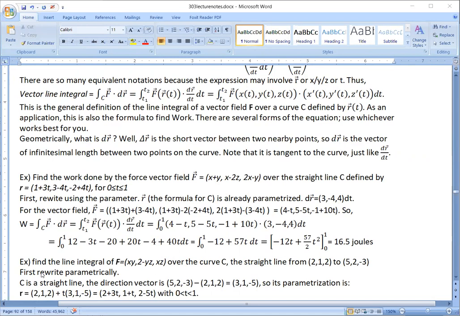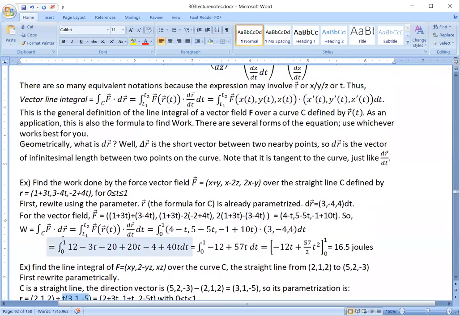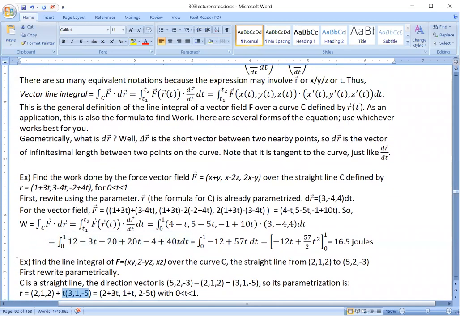Now, what are the bounds for t? Well, notice that t equals 0 gets rid of that, and then we're just at our first point. And then t equals 1 is just going to add this, which is going to get us to our second point.